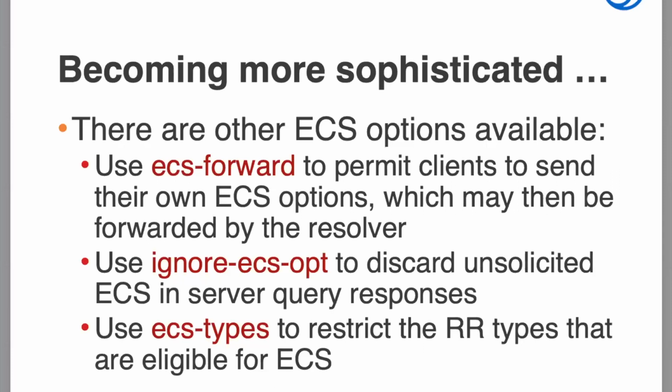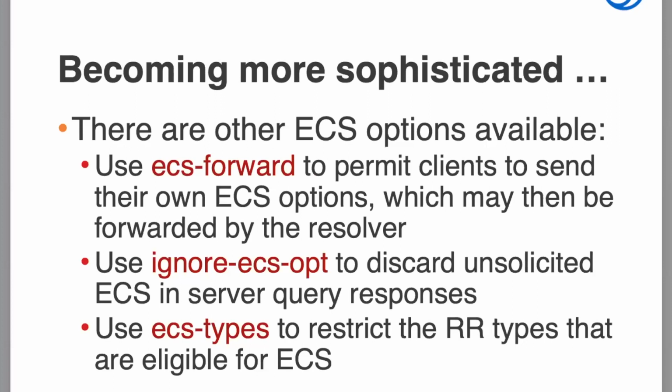And one of the things it does slightly differently is if it unexpectedly, without having queried and expected to get a reply back with ECS options in it, gets a surprise set of ECS options in a query response from a server, then it will just dump them and say, I didn't ask for ECS, this is badly formatted, I'm not going to use it. So suddenly you've introduced a difference in behavior between your S Edition with ECS configuration and standard open source bind.